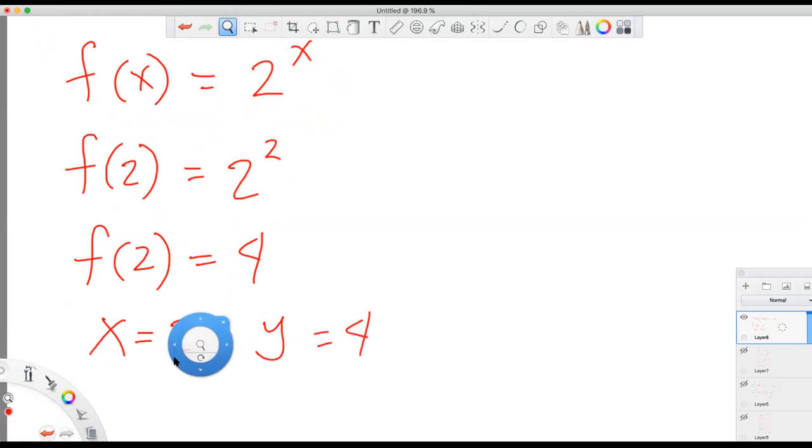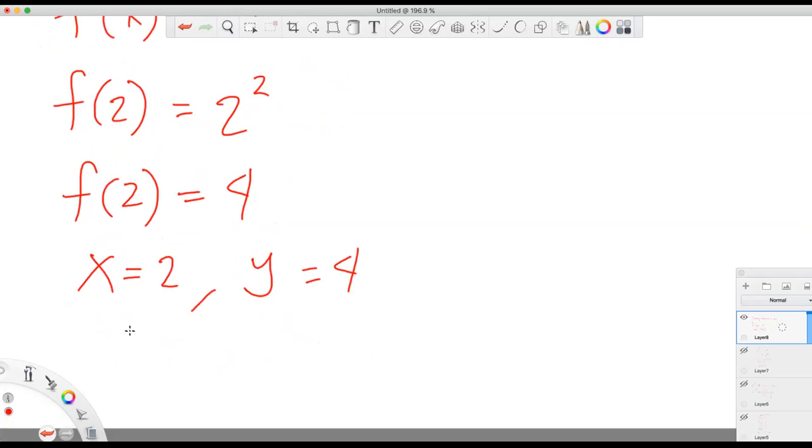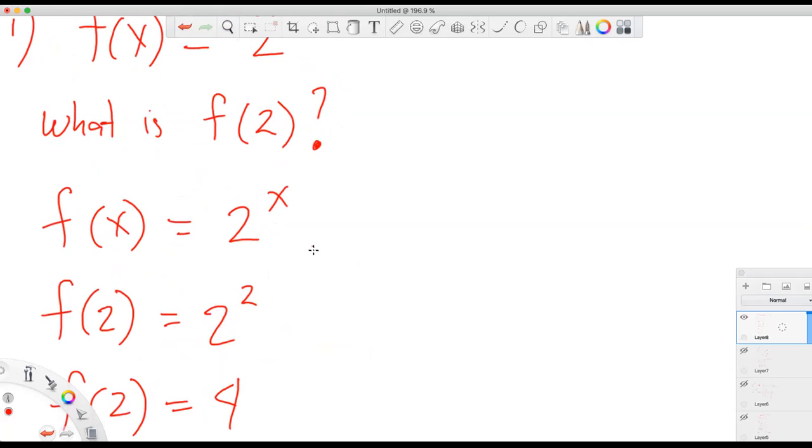That's the simplest way of understanding the evaluation. So you have the coordinate, the ordered pair (2, 4). That's how to evaluate a function. I know you can do this, right?